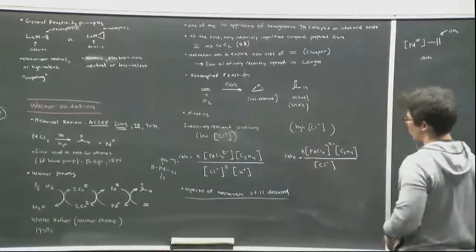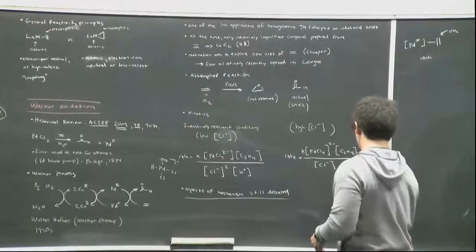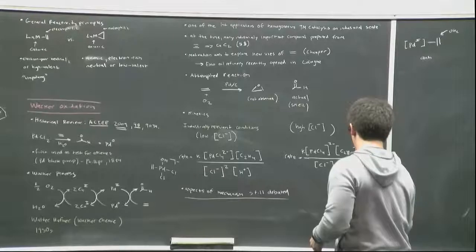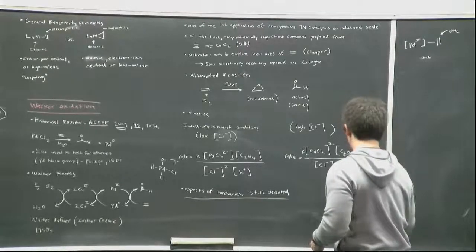And then in these other conditions where you're at high chloride concentration, you have only negative first order. And so that would be consistent with a scenario that looks like this.